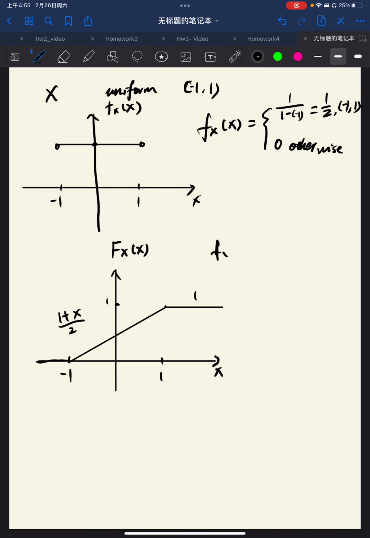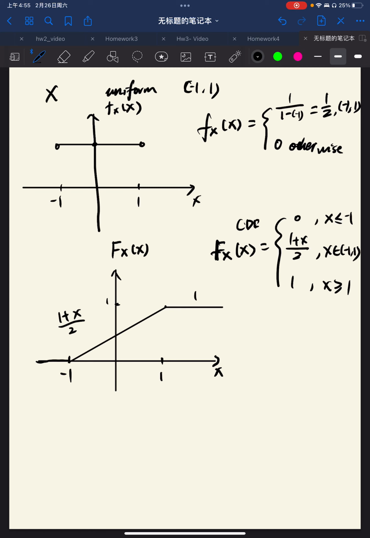So we get the CDF this way. So we mainly talk about what will happen to Fy.